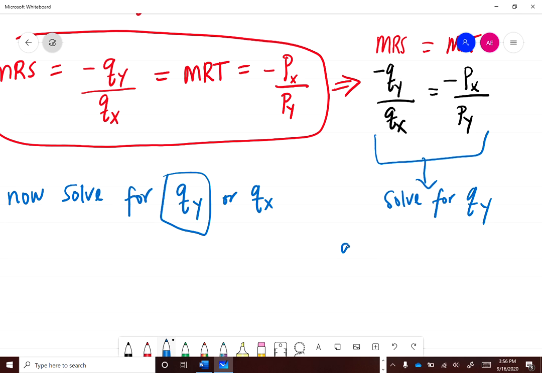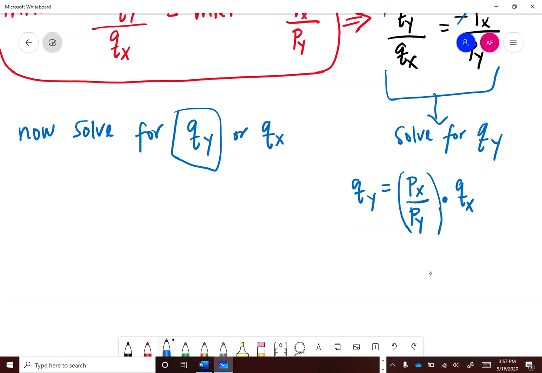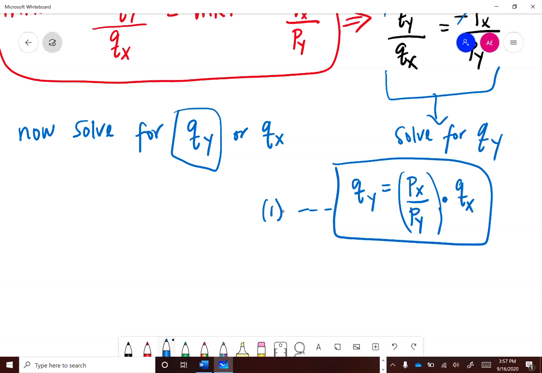So we'll just have that QY is equal to, those negatives can cross out, P of X over P of Y times, let's use the dot for times here, times Q of X, right? So this is how they relate to one another. We can call this equation 1.